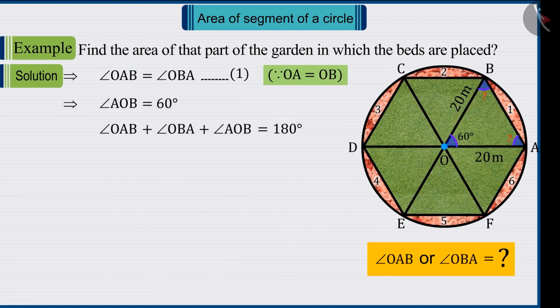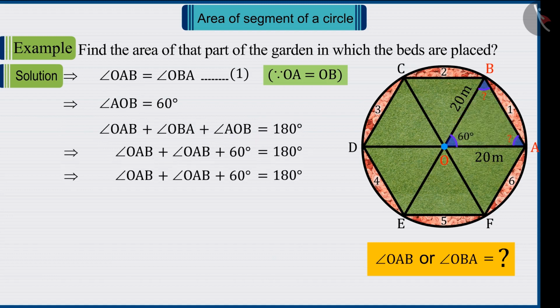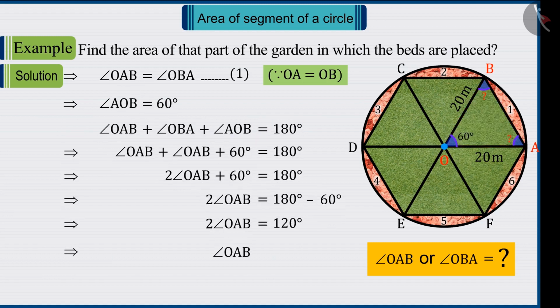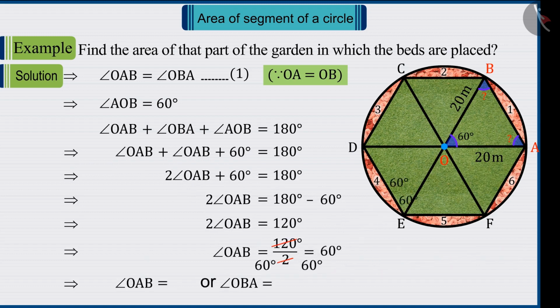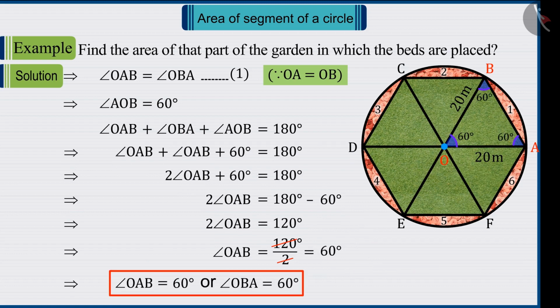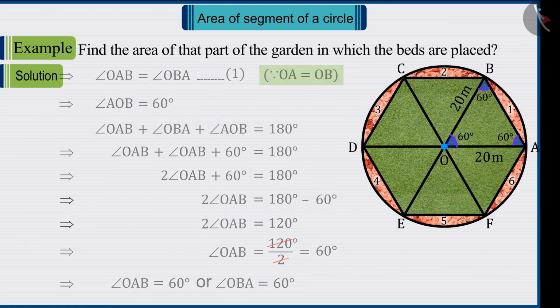Absolutely correct, since we know that the sum of all angles of a triangle is 180 degrees, therefore the value of angle OAB or OBA will be 60 degrees.